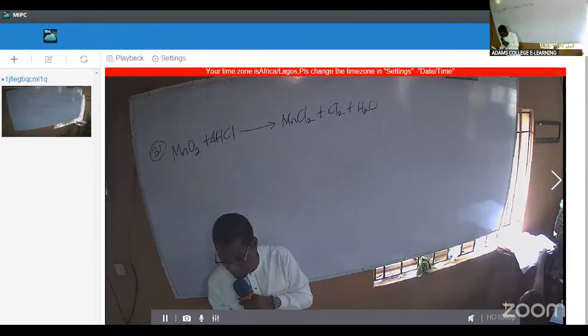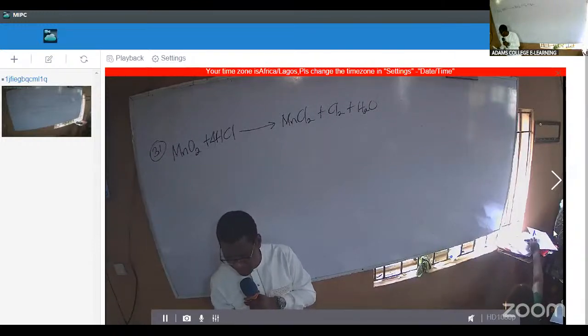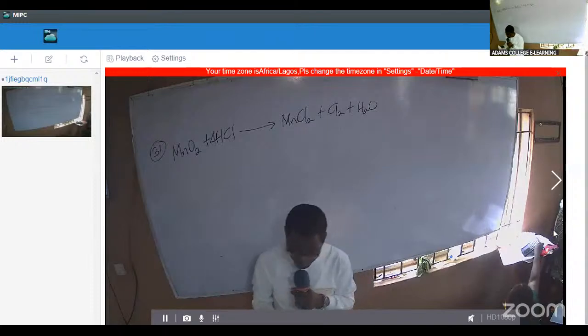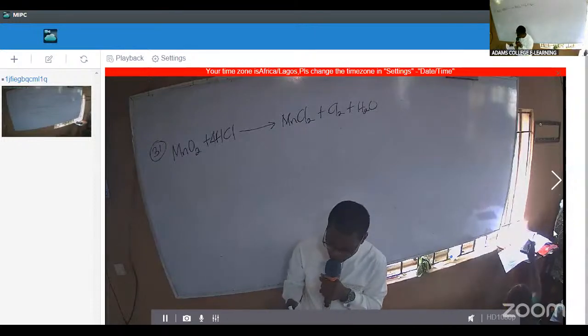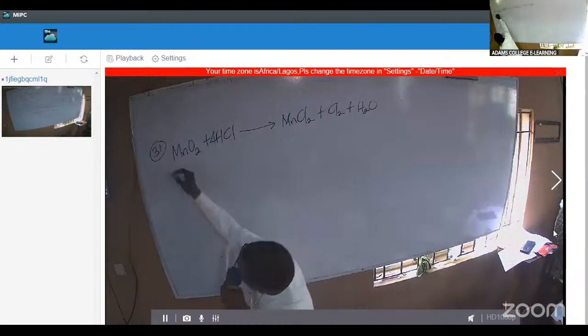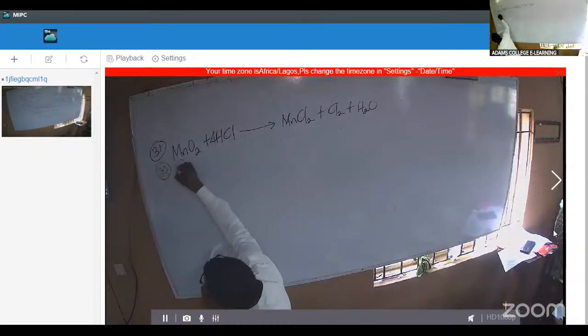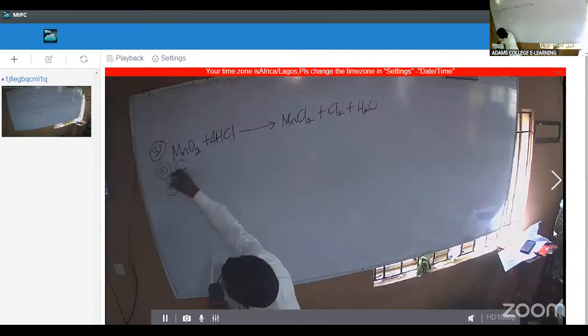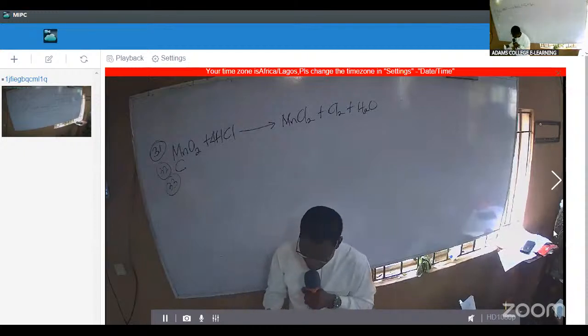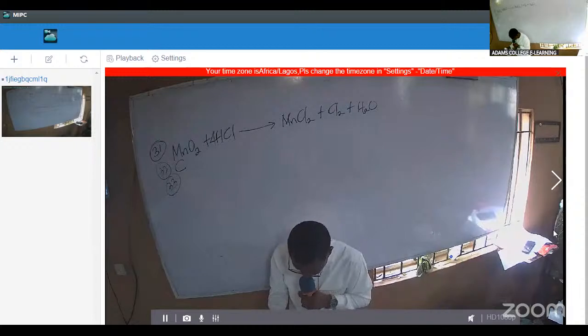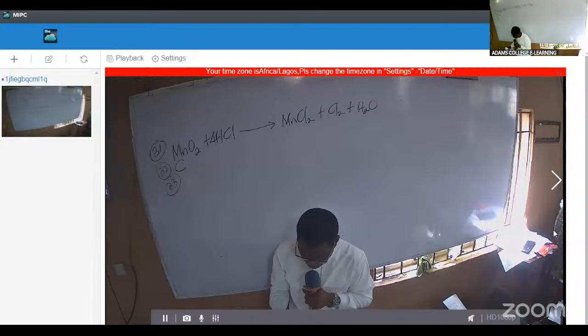Then 32. Metals of the first transition series have special properties which are different from those of group 1 and 2 because they have partially filled d-orbitals. That's it. 32, option what? 33. Hydrogen can be displaced from a hot alkaline solution by what?